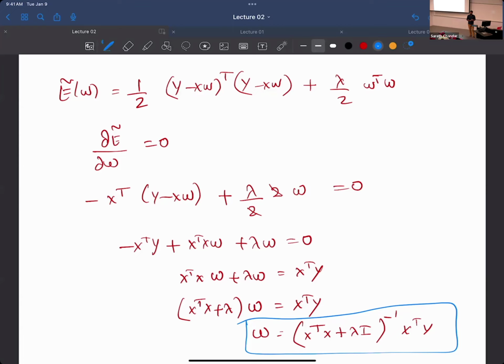I think you will implement the regularization solution in your assignment. Now I can use this W, and in this case I have to decide what lambda I'm going to use. Depending on the value of lambda, I'm going to get different solutions.